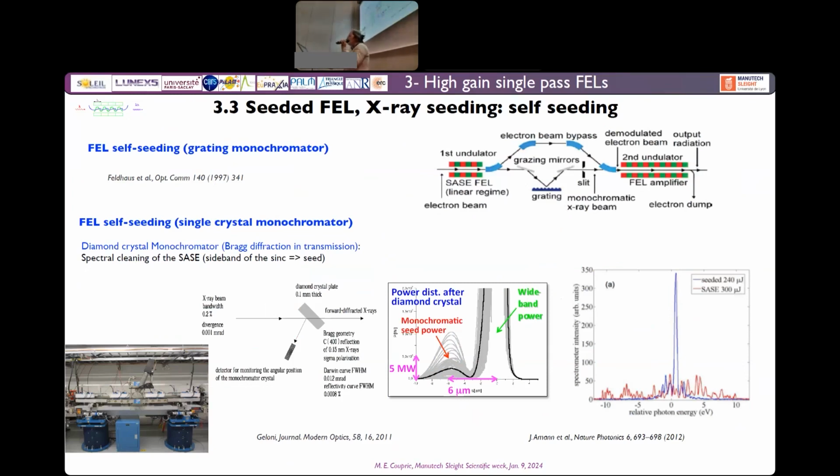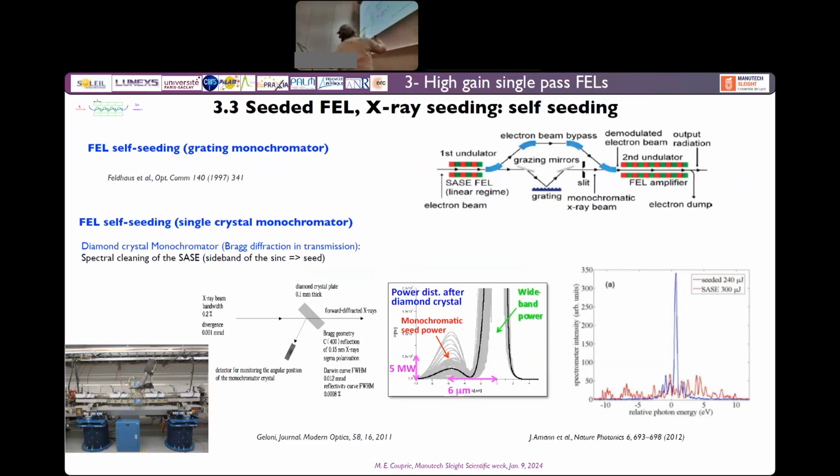Actually, it was not so easy to make a grating monochromator in the hard X-ray regime, and people from DESY came with the idea to use a diamond crystal monochromator and to operate in Bragg diffraction in transmission.